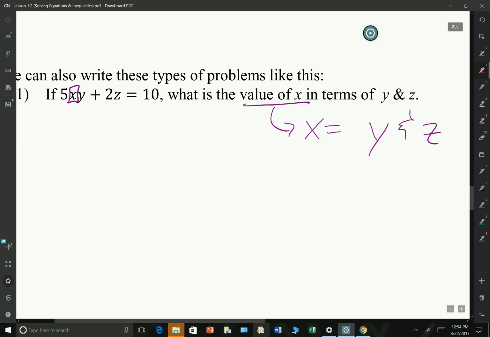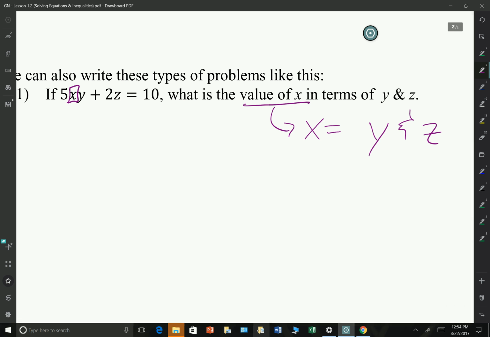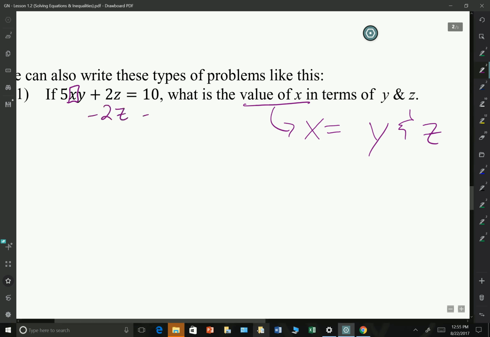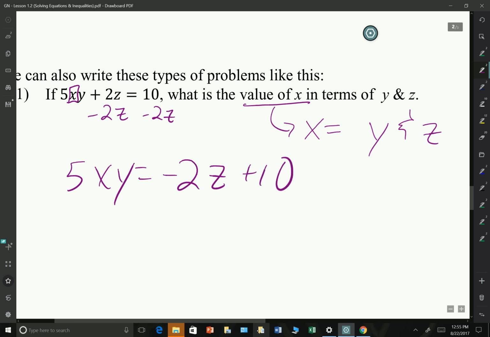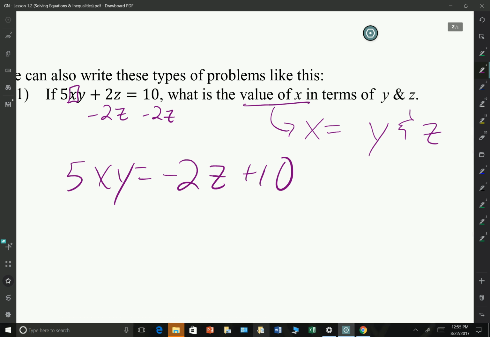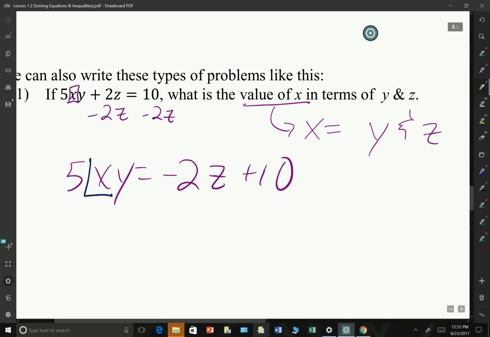The ones that are directly attached to it, that's your last step. That's the last thing you have to remove to get this all by itself. I need to get rid of that 2z first, by doing what? Subtracting it. So 5xy equals negative 2z plus 10. It's still not by itself.